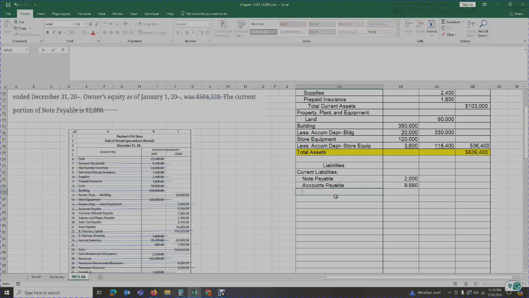So you shouldn't have anything that is taking you longer than a year to pay under your accounts payable. Then we have our customer refunds payable. This is money that we owe for refunds, and it will usually be refunded fairly quickly, in a month or less. So we have customer refunds payable of $1,600.